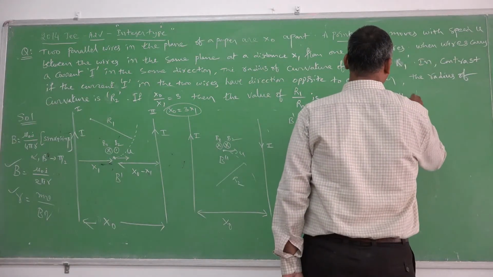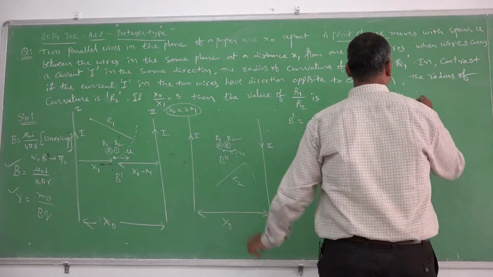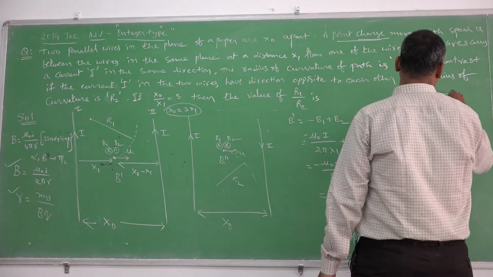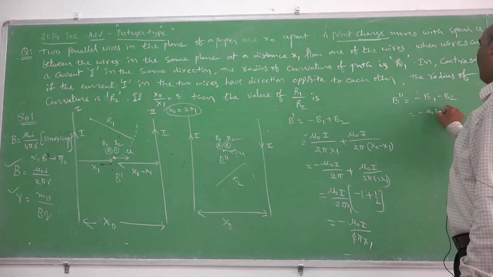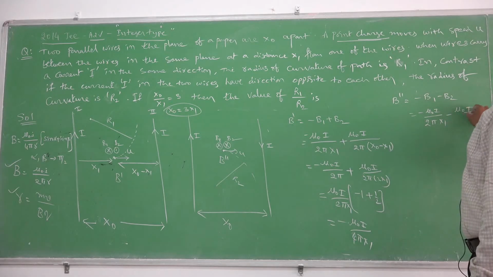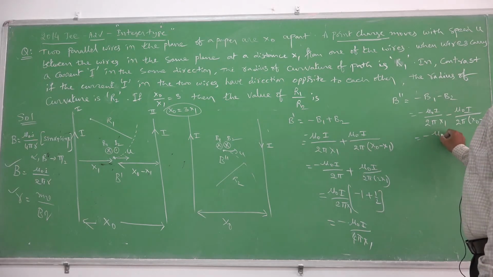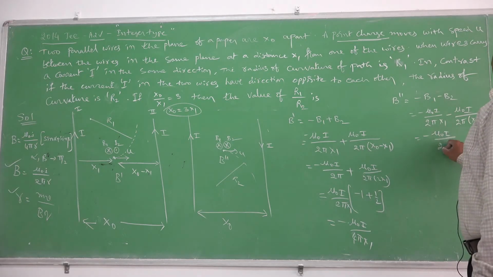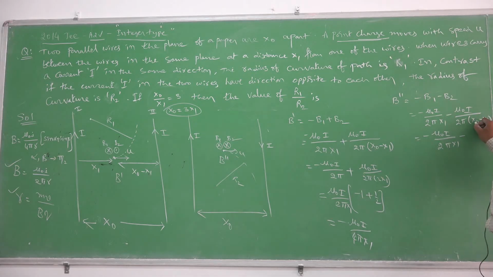The magnetic field due to the two conductors in the second situation: both are into the paper, so minus B1 minus B2. Same expressions: minus mu naught I by 2 pi x1 minus mu naught I by 2 pi into x0 minus x1. In the place of x0, if I write 3x1, it becomes 2x1.